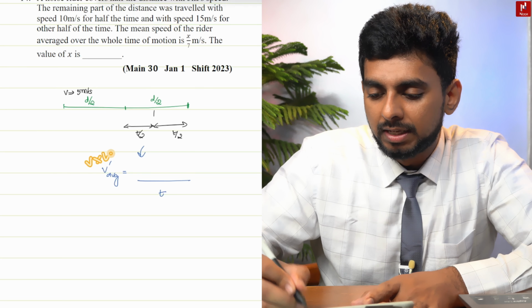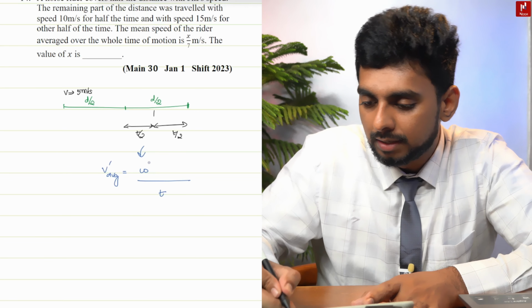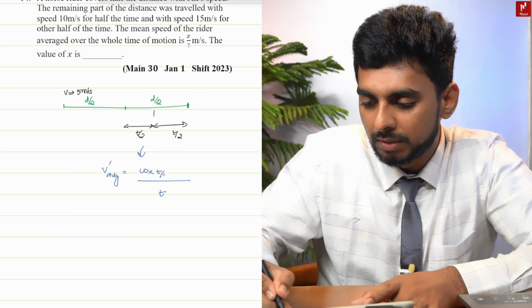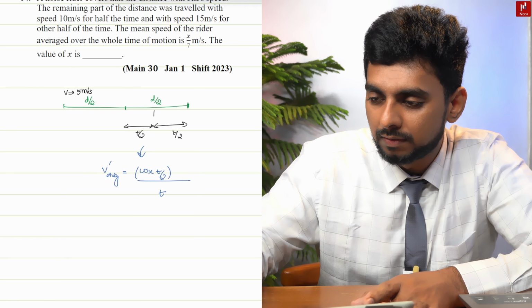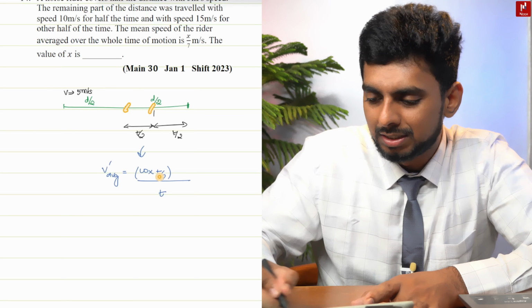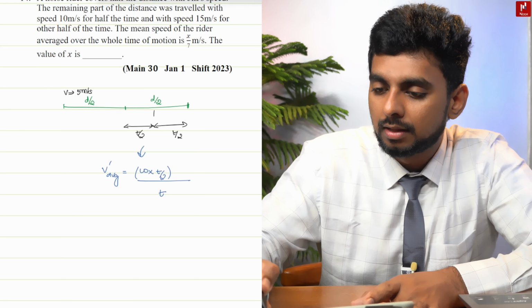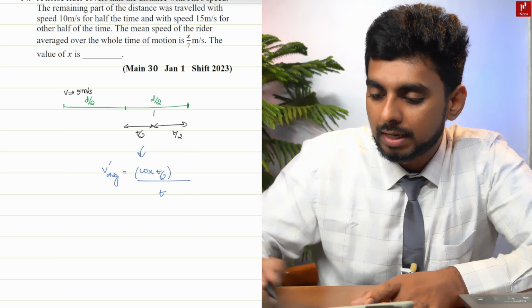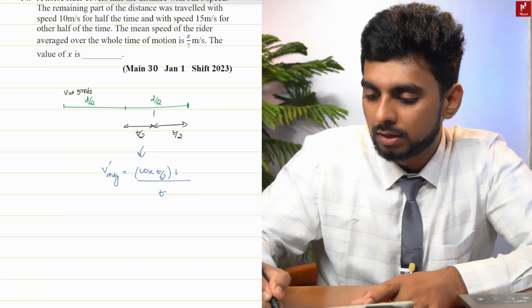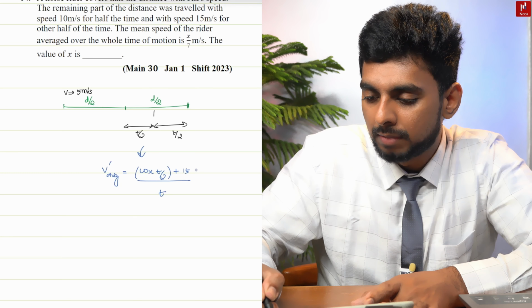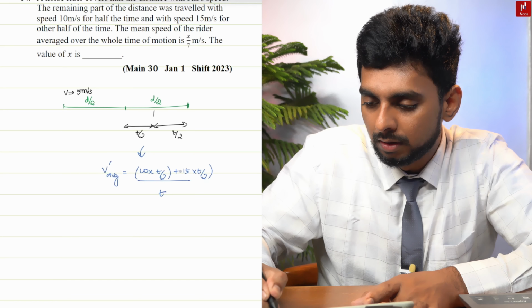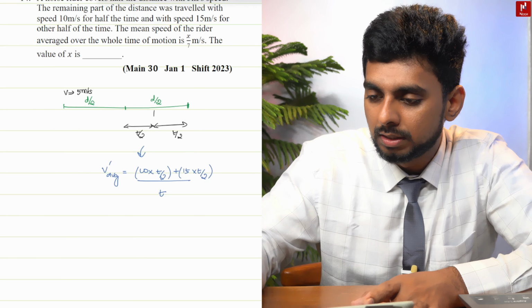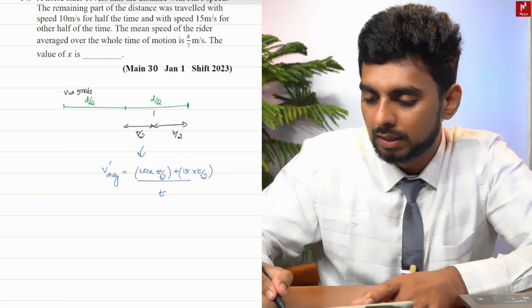What was the velocity initially? Initially, the velocity was 10 meters per second for the first part. 10 multiplied by the time, which is t by 2, gives me the distance covered in the first part. That's going to be less, plus the distance covered in the second time interval, which would be 15 multiplied by t by 2. When you look at this, it should be obvious: if you factor out t, it gets cancelled out, isn't it?